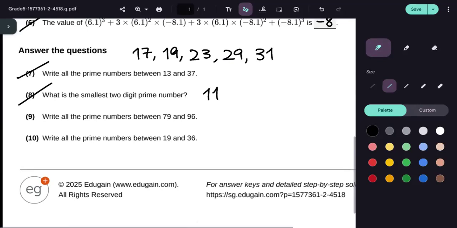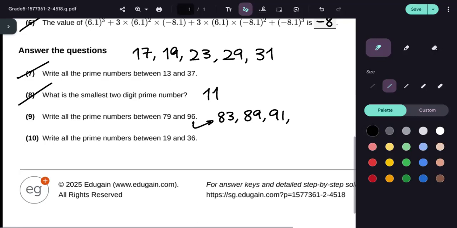No. So we will start from a very nice number of 83, because 81 has 81 divided by 9. 83 I think doesn't have. 83 doesn't have, 84 doesn't have, 85, 86, 87 I think, oh, 87 has. 88, 89. 89 should not have any. 89, 90, 91.